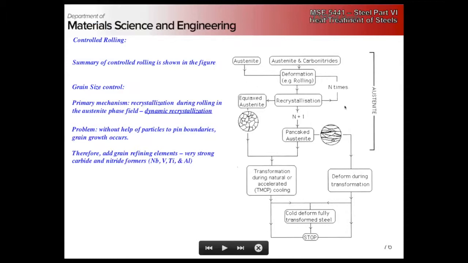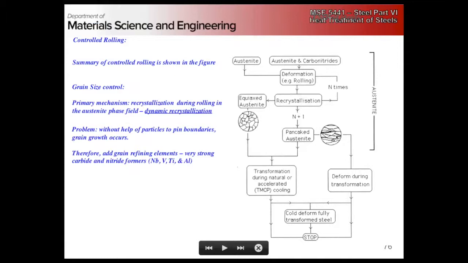It's kind of the flow chart of different controlled rolling operations. If we fully recrystallize, we have equiaxed austenite.